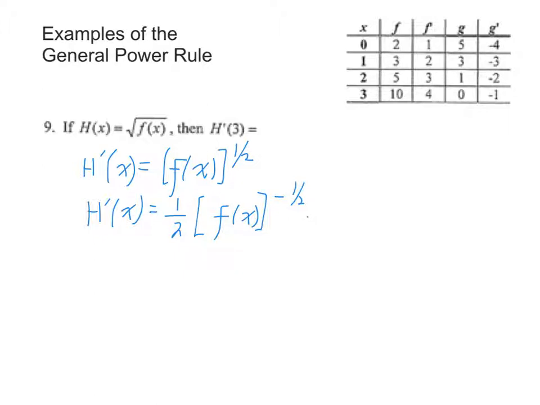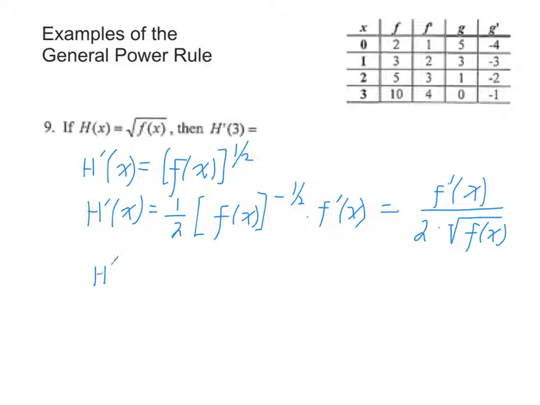Now once again, I don't know what f is, but I know its notation for the derivative is f prime. Okay, let's clean this one up as well. F prime on top, and 2 times the square root of f of x in the denominator.